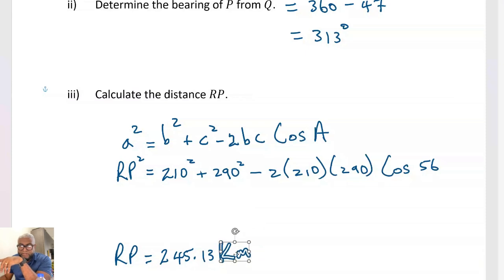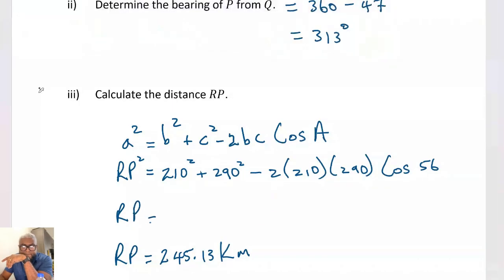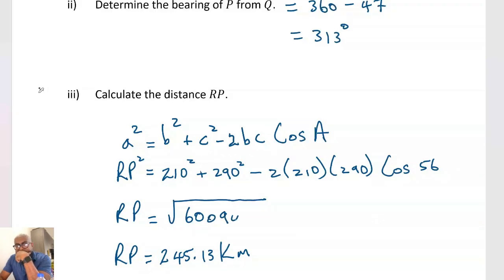I always want more than one person doing it. RP is equal to the square root of 60,090.3. Come, somebody second these things, man. So yes, 60,090.3, that's correct, and that's the square root of that.